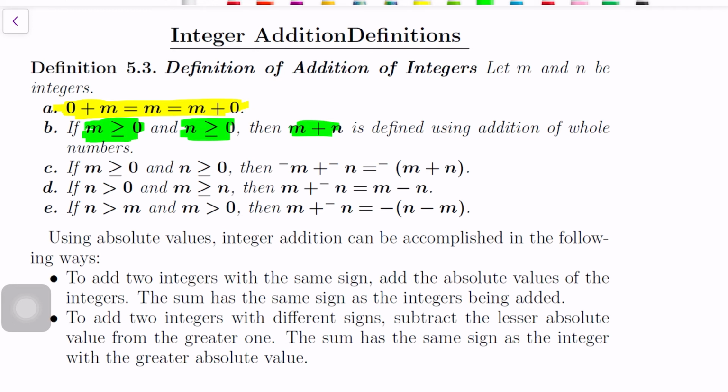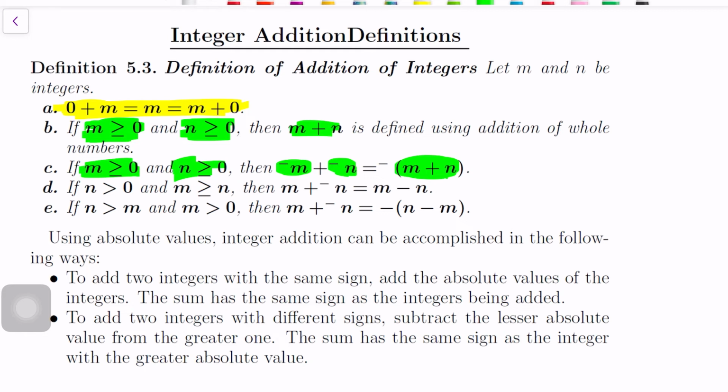Now, if two numbers are positive and you're adding minus m plus minus n, then the solution would be minus (m plus n). So you add m plus n using whole number addition, because both m and n are non-negative integers, and then you carry the minus.